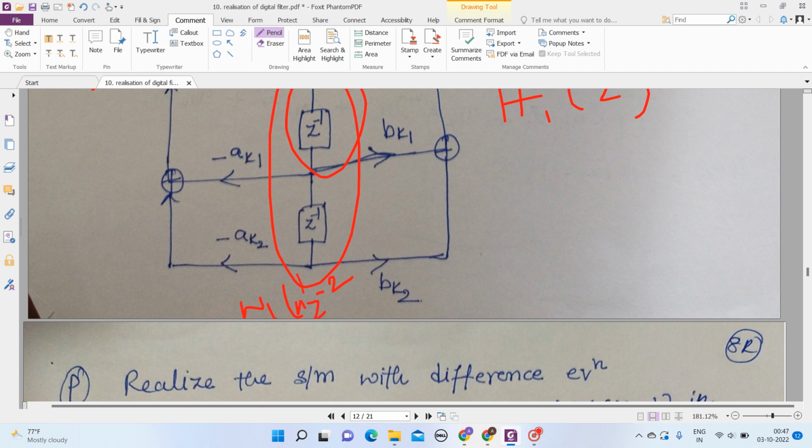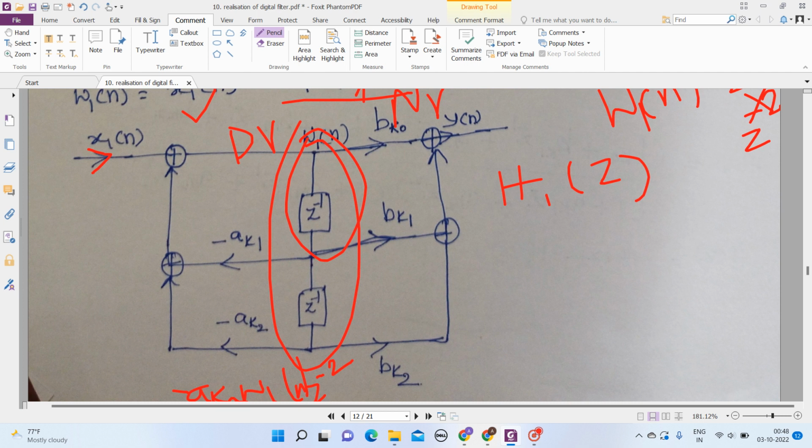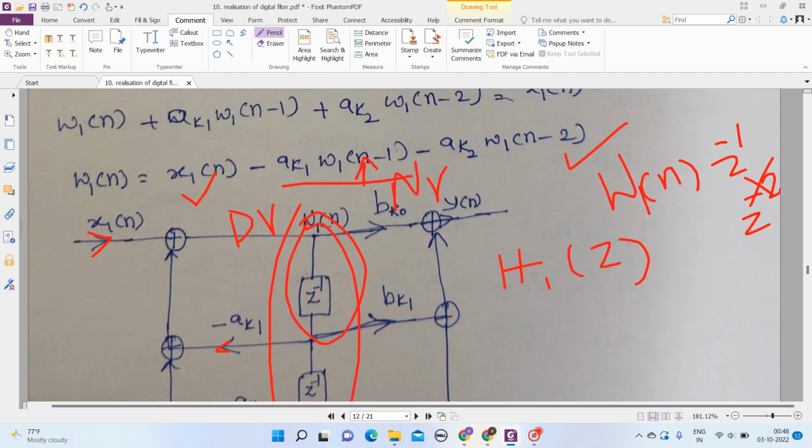After multiplying with this coefficient, I will get the second term, and I have to add it with this adder element. This is a delay element, this is an adder element, and this is a constant factor. These things are very important. So I have completed writing the denominator equation.